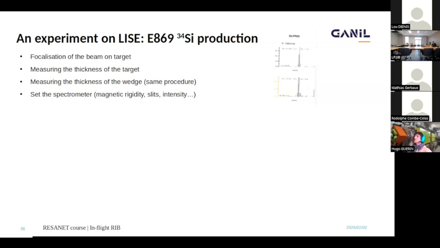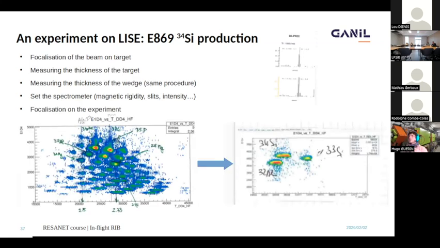Then we insert the target, we measure the Bρ again, and by comparing that to simulations, we can get the real target thickness. We do the same for the wedge, and then we can start to set the spectrometer, meaning the Bρ1 for the first stage, Bρ2 for the second stage, and slits intensity, because the experiment will need intensity, and focalization on the experiment at the end of the spectrometer.